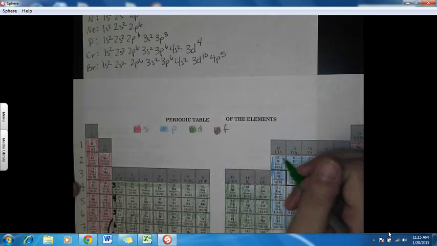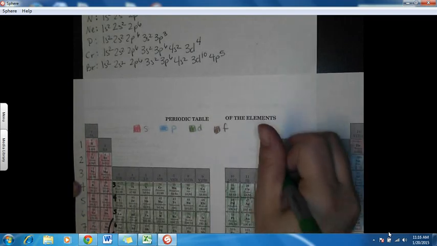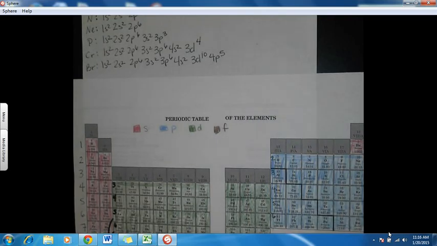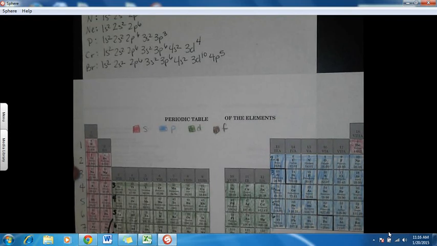If you want to write in over here 2, 3, 4, 5, 6 to help you remember to go back to your original energy level number, you can certainly do that.